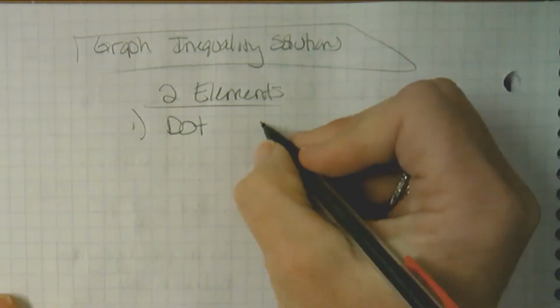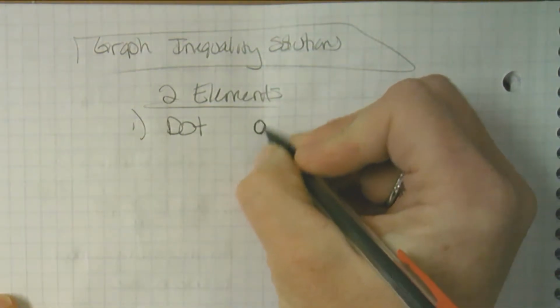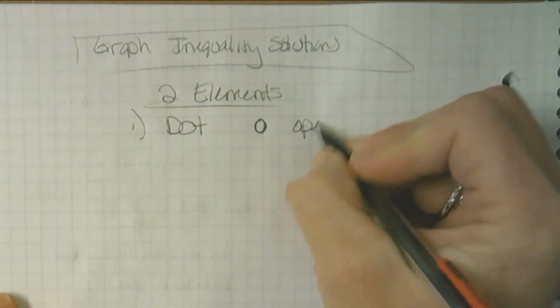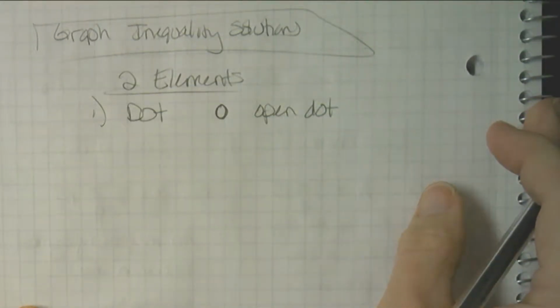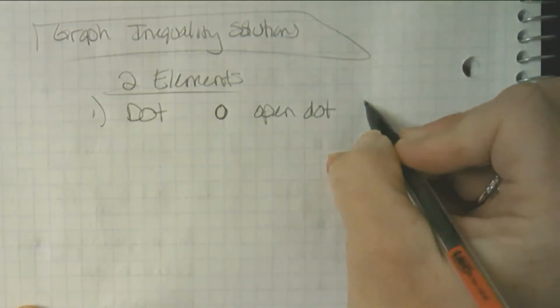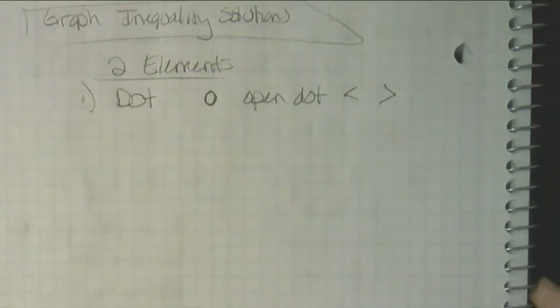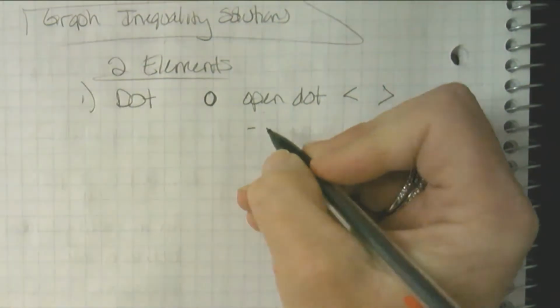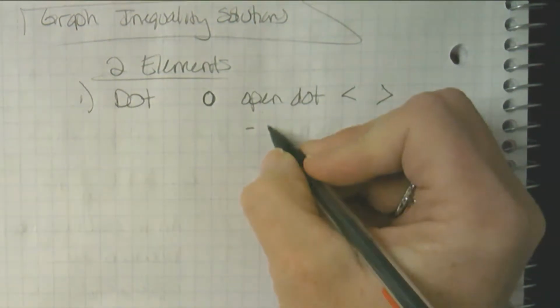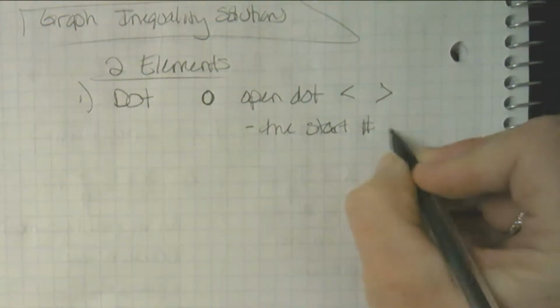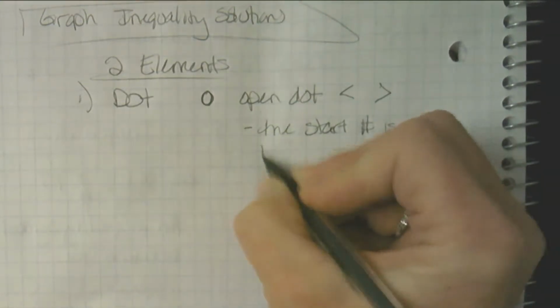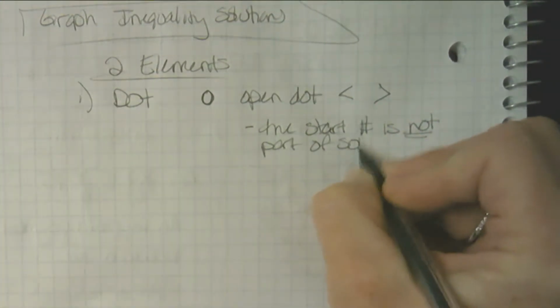The two possibilities are this, which looks just like an O. This is called an open dot. That's when we're using a less than or a greater than symbol. What that means, and I'm going to remind you what start number means in a second, is the start number is not part of the solution set.